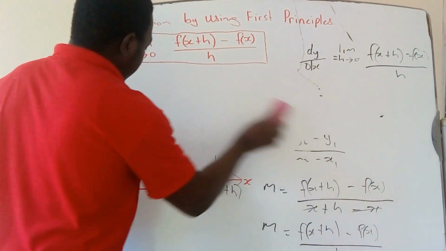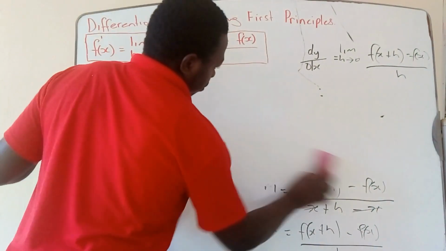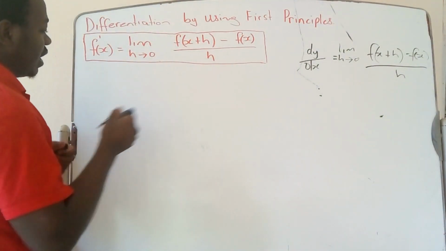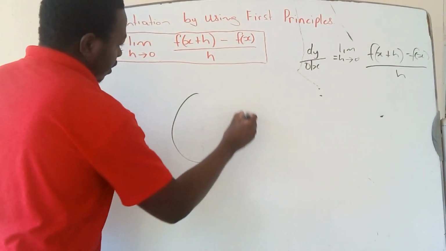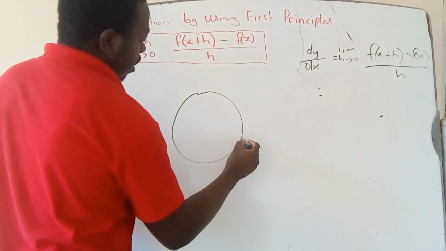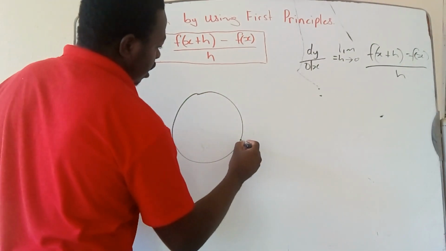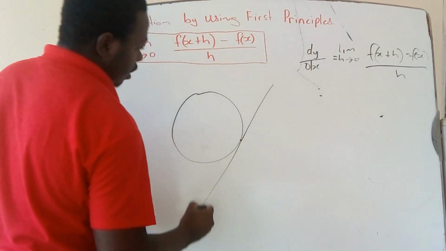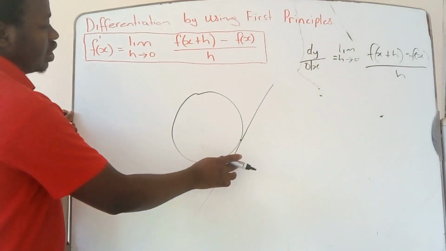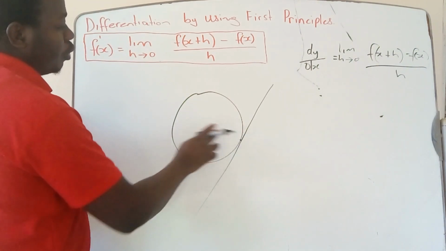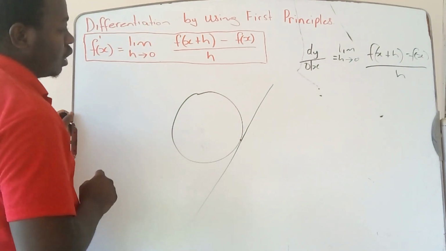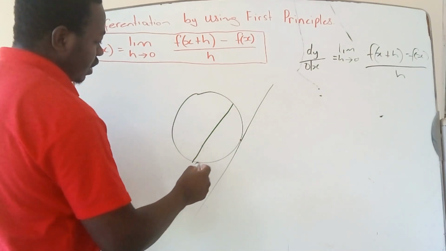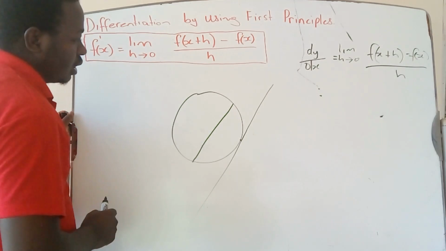Let me just show you a demonstration of the limit there. So let's say that you have a circle, right? And there's a point on the circle, and you have a tangent to this point on the circle, right? So you know the tangent only touches one point on the circle. But let's say we have a line here, which is a secant line, right?